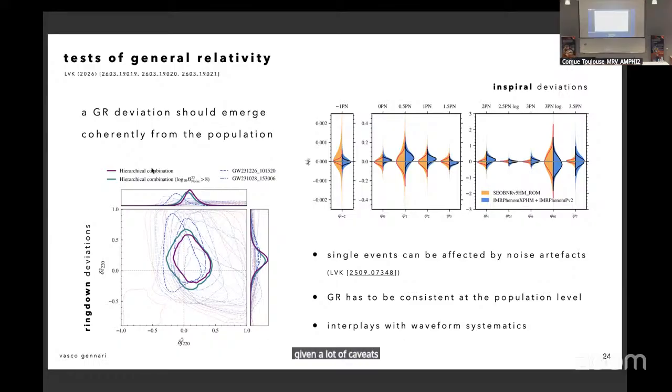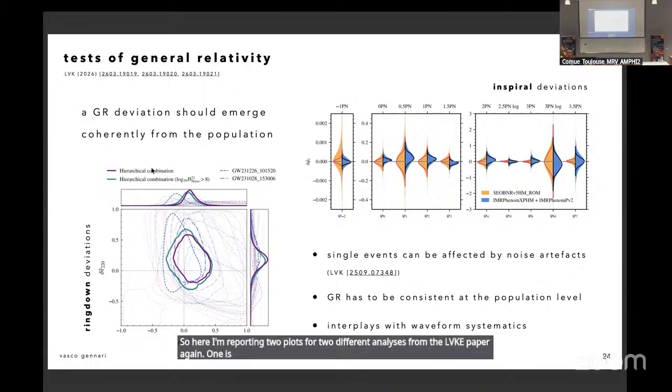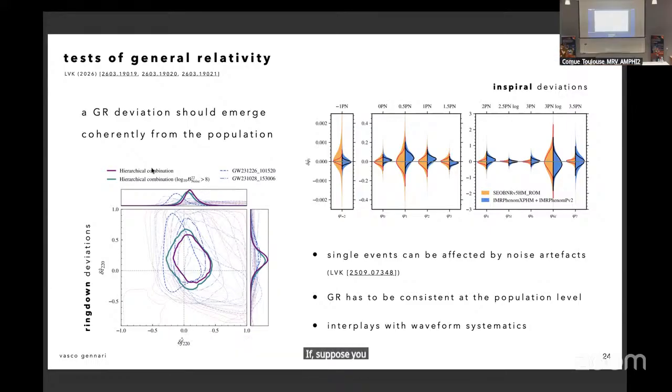But here I'm reporting two plots for two different analyses from the LVK paper again. One is including deviations in the inspiral, and the other one is including deviations in the post-merger. Suppose you analyze one event and you get one deviation, are you going to claim that you have observed a GR deviation, especially given everything you heard about the properties of the noise, the detector characterization?